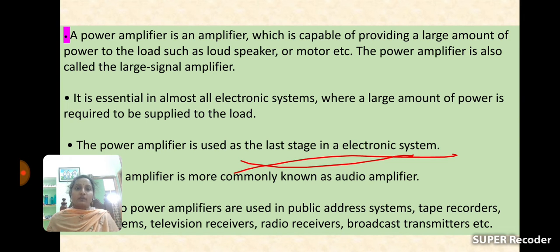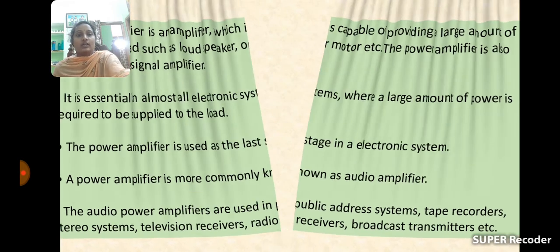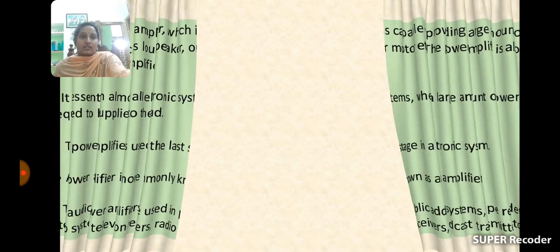They are used in public address systems. What are public address systems? Sound systems, auditorium halls, seminar halls, and also tape recorders, television receivers, radio receivers, broadcast transmitters. All these are applications where we use power amplifiers.